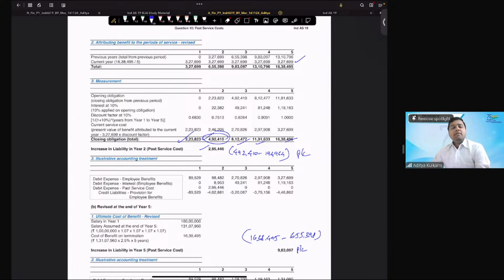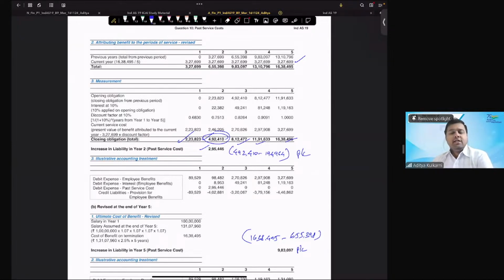Now the problem in your defined benefit plan is it is far more complex, with a huge number of uncertainties in the form of mortality, disability, attrition, future salaries, salary increments. All these are things which we will obviously have a lot of uncertainty in determining. We call these your actuarial assumptions, and they are categorized into two parts. One is your demographic assumptions, and the other is your financial assumptions or economic assumptions.